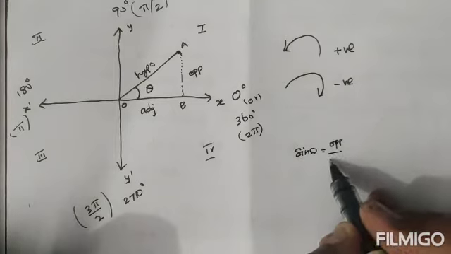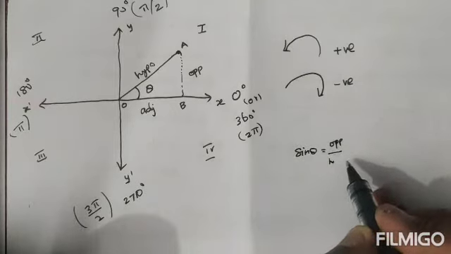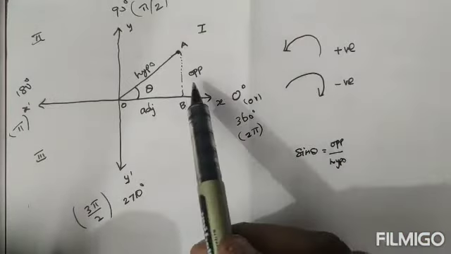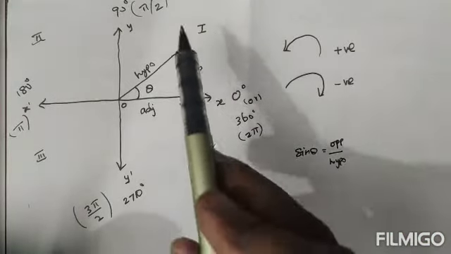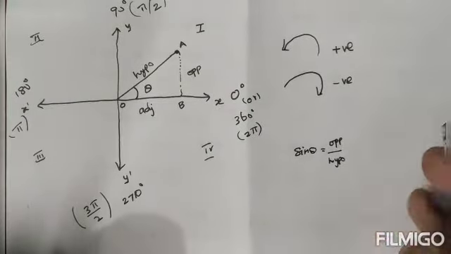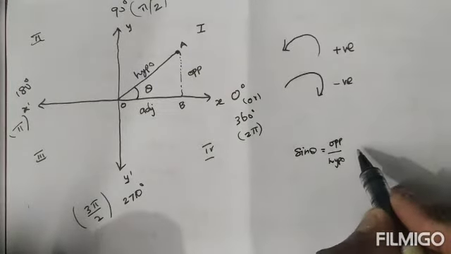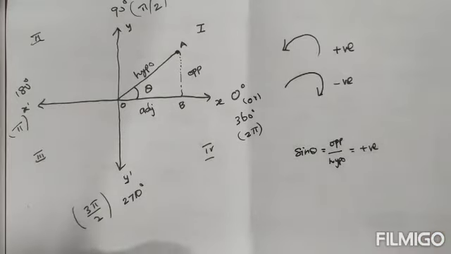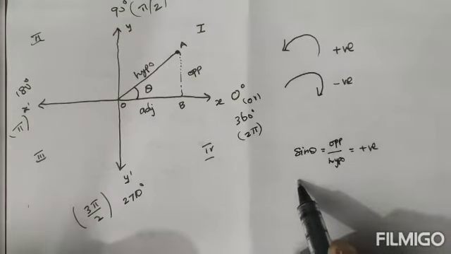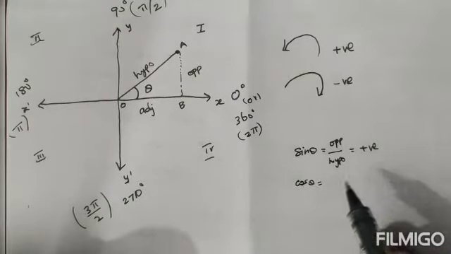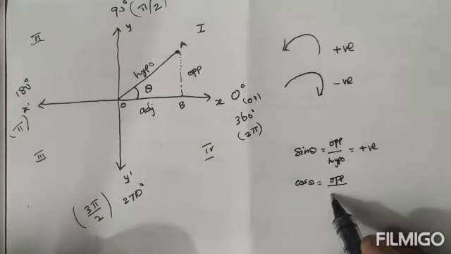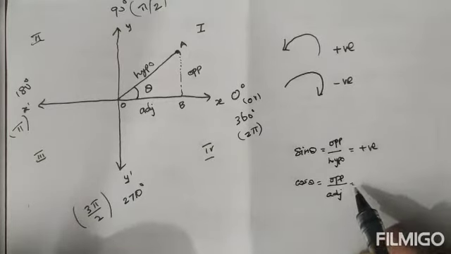This opposite is a positive value, so we can say that sin theta should be positive. Next, cos theta. The cos theta formula, you know, is adjacent divided by hypotenuse.